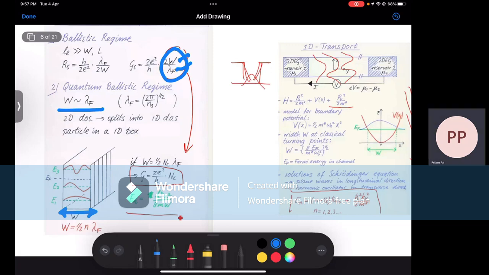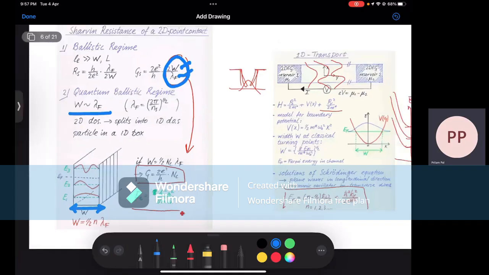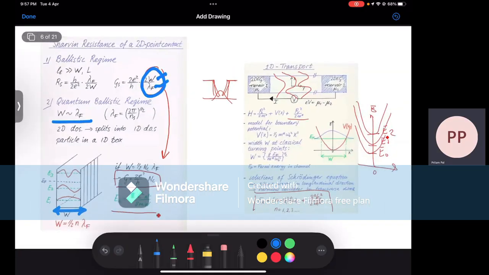And the statement is that if you take this formula and apply it here, then when the width is exactly equal to certain values, when the ratio W divided by lambda_F is an integer or half integer, the conductance is exactly quantized. Those are exactly the step values.